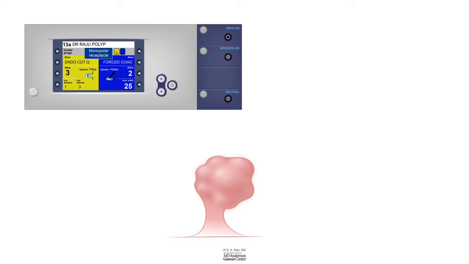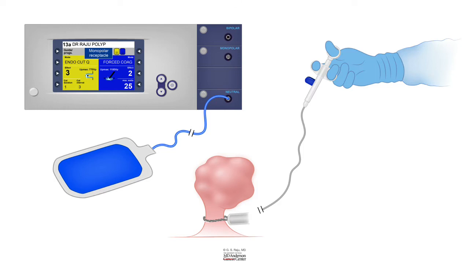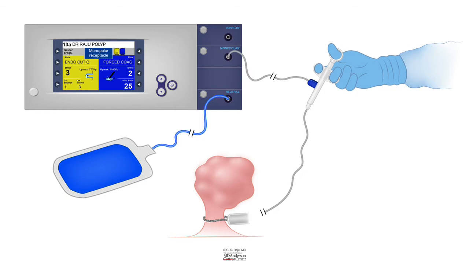One is a dispersive pad that is placed on the patient's back or loin, and then you attach it to the electrosurgery unit at the neutral outlet. And then you take a snare which has an electrical outlet and connect it to the monopolar slot.